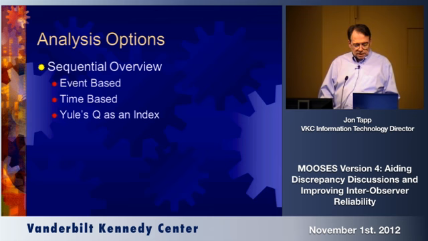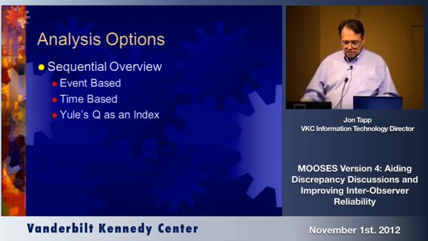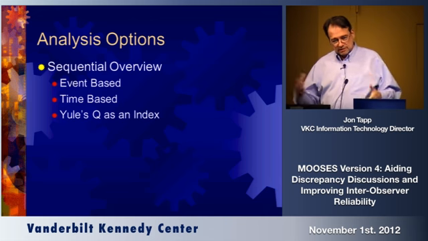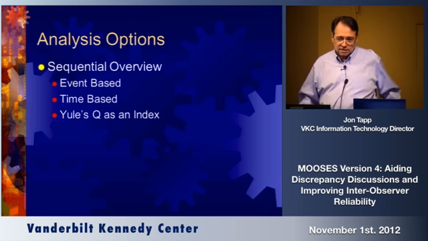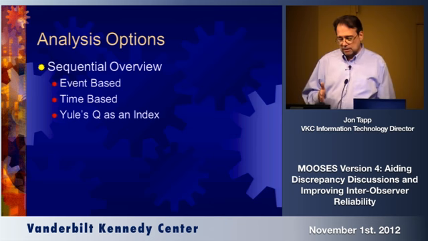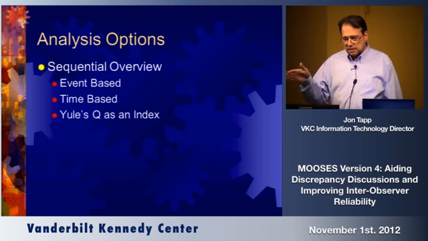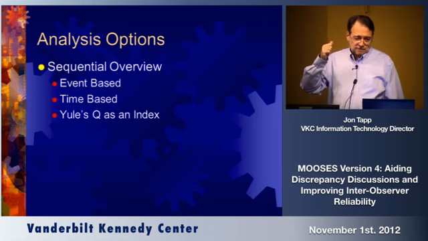It'll do sequential analysis, which is, given a code happened, what's the chance of another code happening, is kind of the idea. Given something happened, like you tell a guy in a group home, Johnny, tie your shoes, and he hits himself.